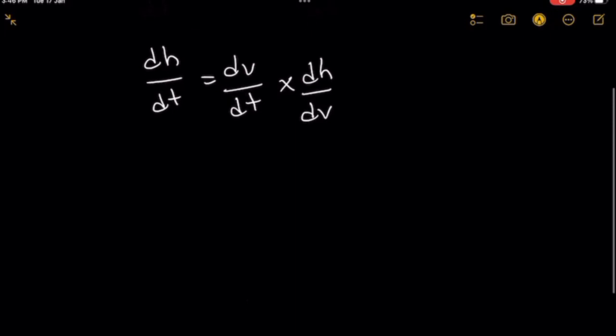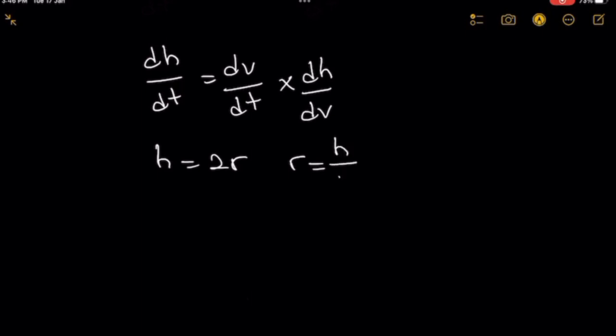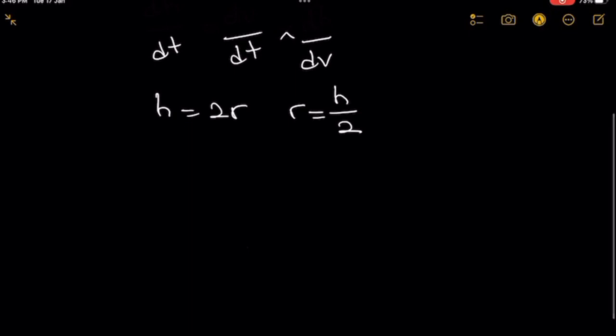From the question, we know that height is equal to twice of the radius. So we must have r as subject. So r is equal to h over 2. The formula of a conical pile is 1/3 pi r squared h.